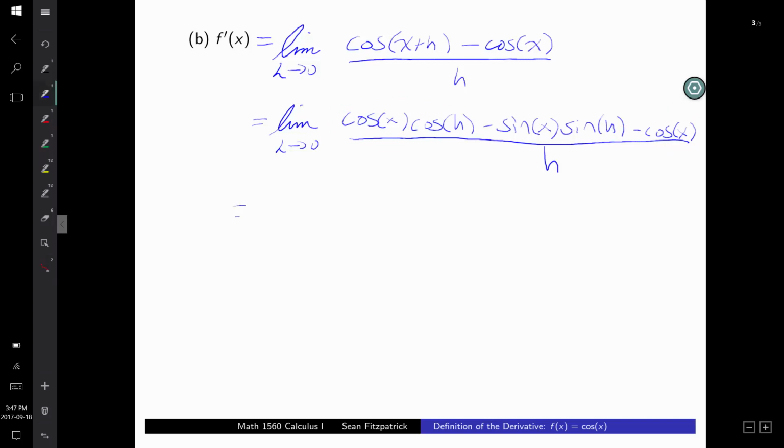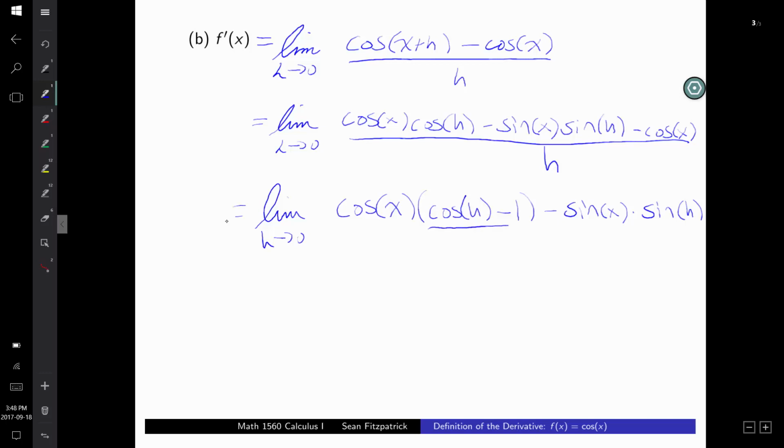So I'm going to group those together. So I've got the limit as h goes to 0 of cos x times cos h minus 1, and then I've got minus sine x times sine h. And just like we did in the previous example, when I divide by h, I'm going to divide by h here. Rather than doing a common denominator, I'll split it up into those two terms.